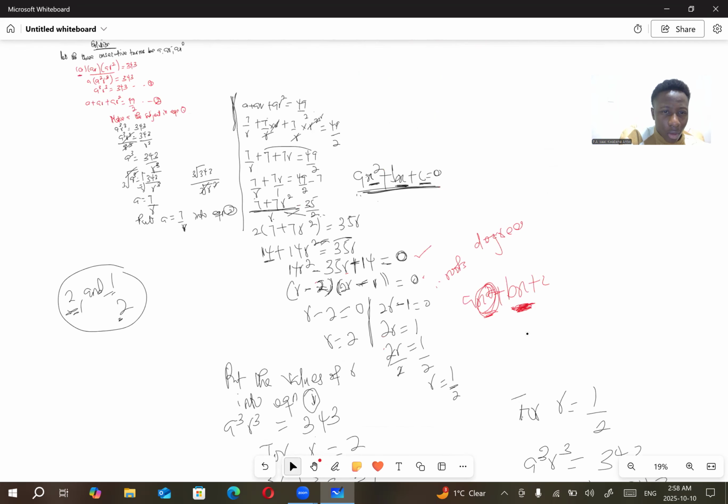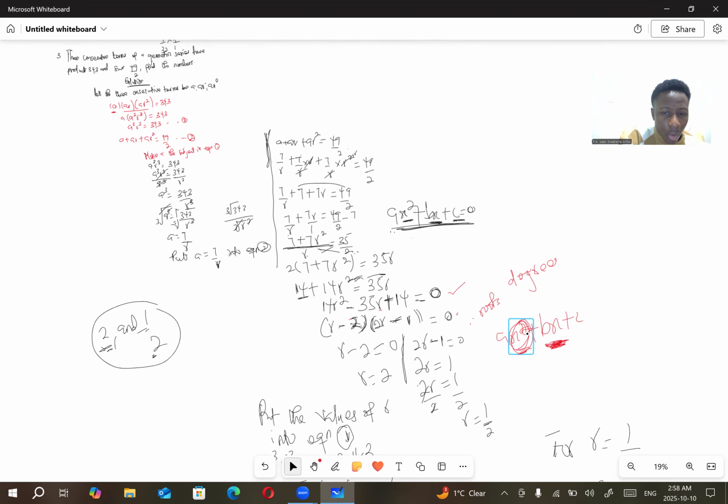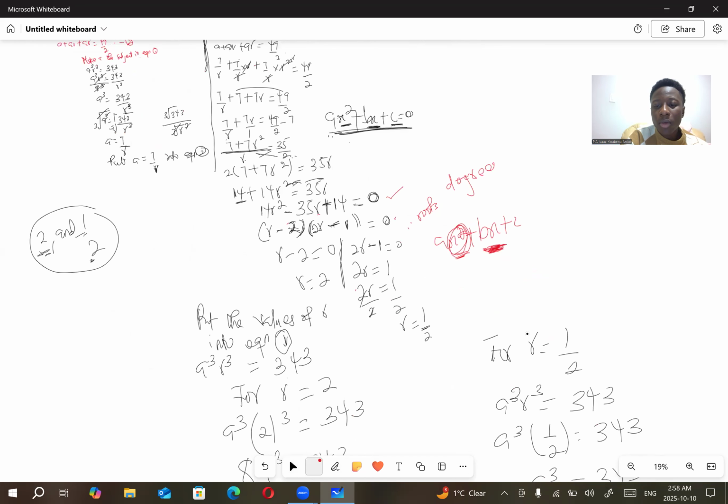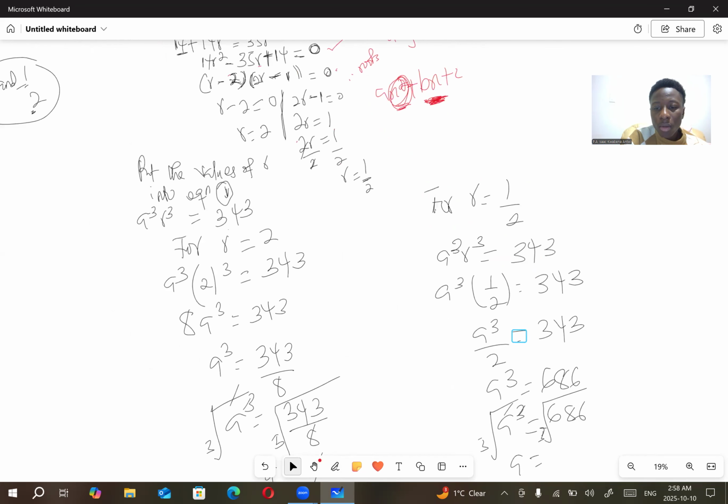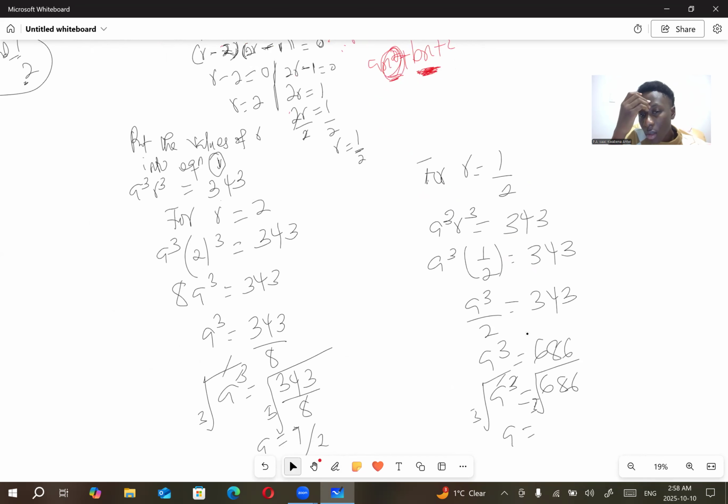Equation 1: A cube R cube equals 343. Okay, I've seen what the problem is.